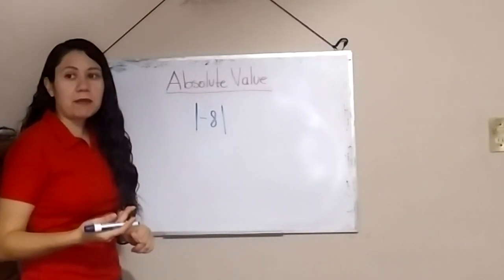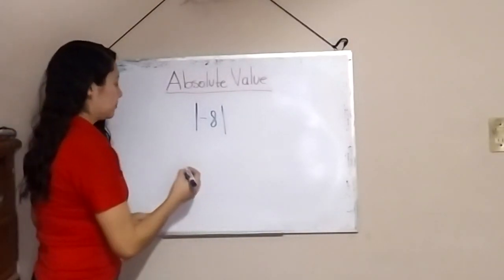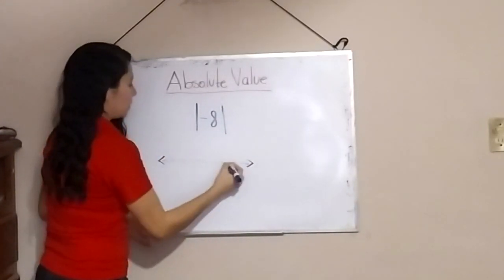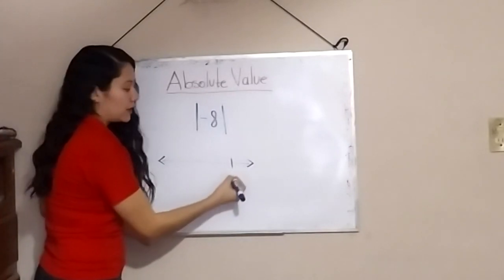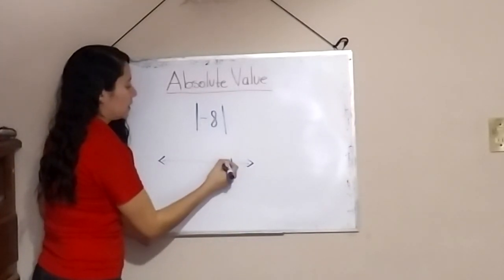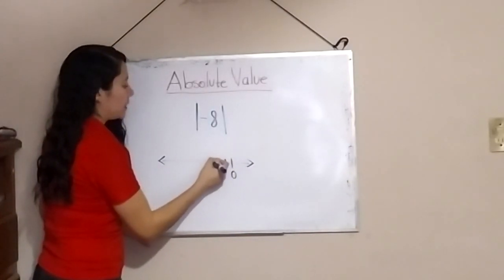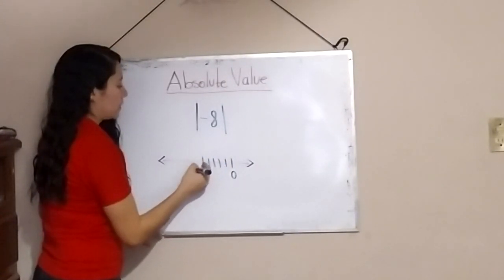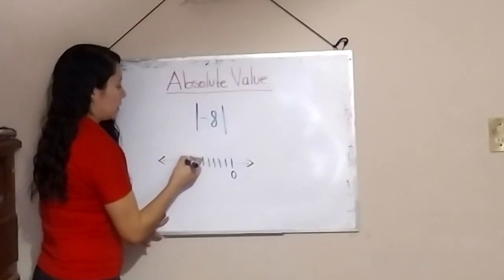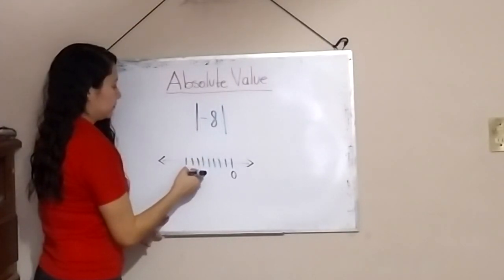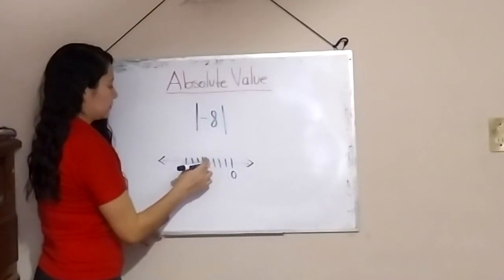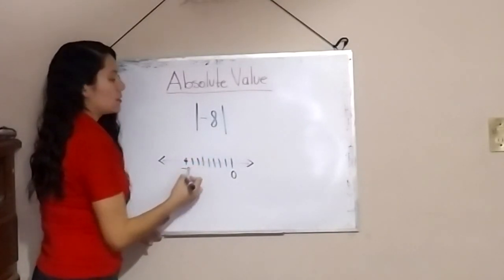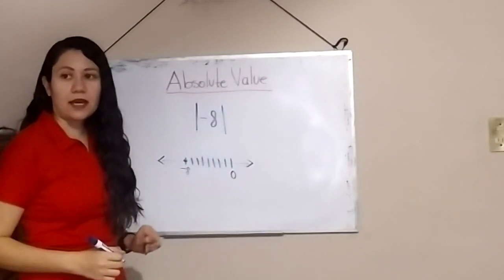Now, if we make a number line, we're going to place the 0 in this place, and we will go 8 places to the left, and this is the place for -8.